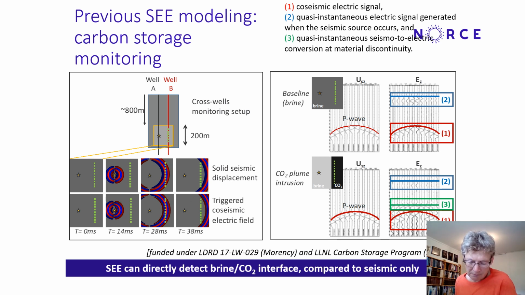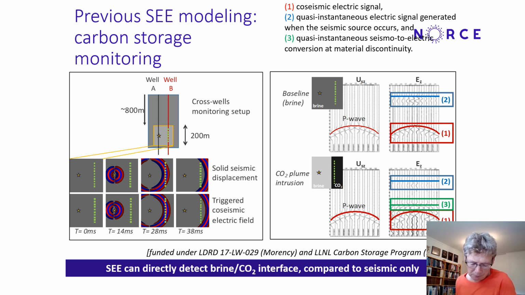We see the P wave in the geophones and the corresponding co-seismic electrical signal. There is in addition a quasi-instantaneous electric signal generated when the seismic source occurs. This is marked in blue and number 2.